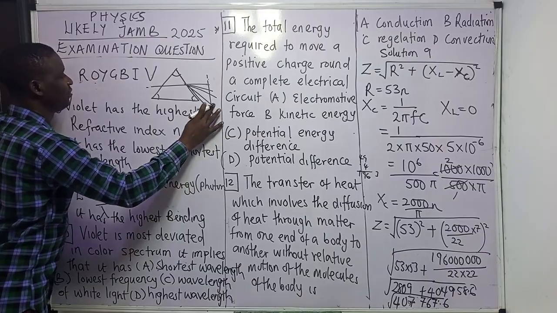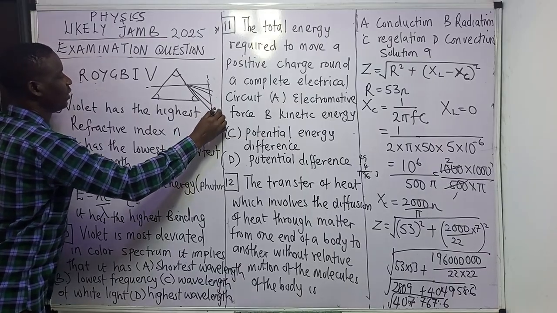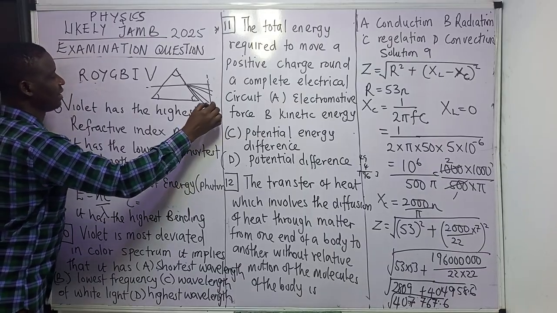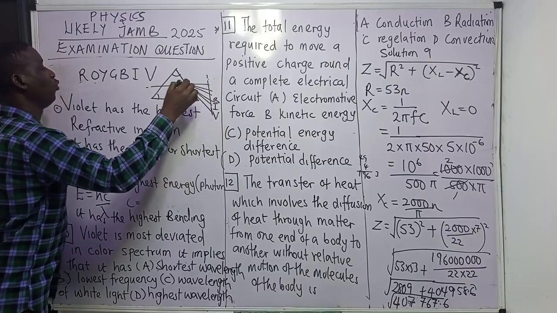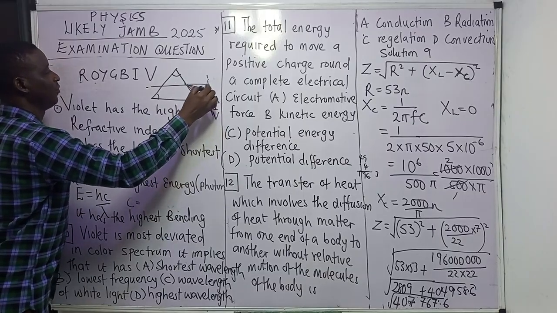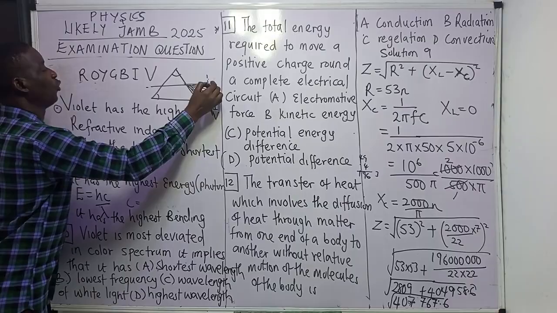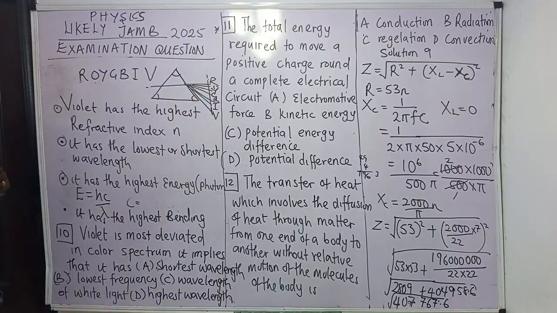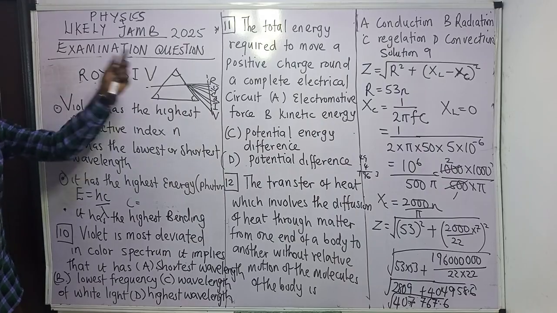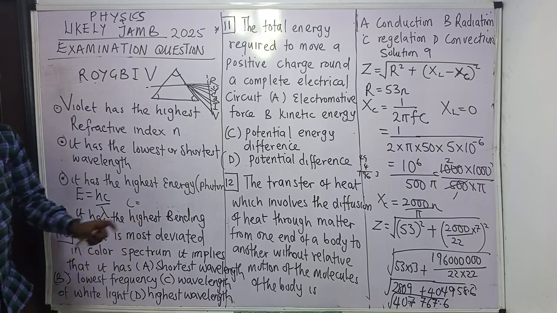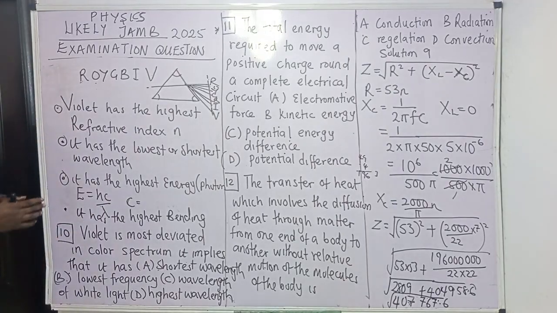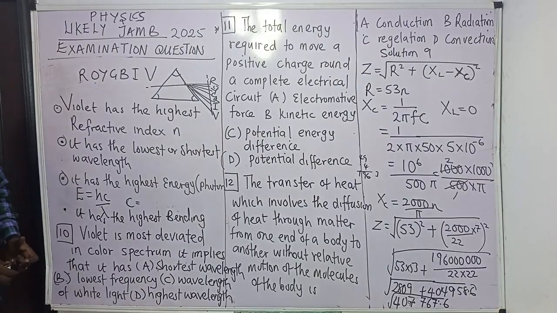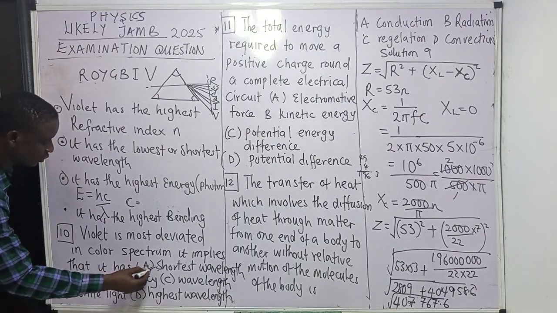The one that is most deviated is what we call violet, followed by indigo, followed by blue, followed by green, followed by yellow, followed by orange and red. So that is how they will work. The highest bending has the highest deviation. In an exam, if the question is which of these following colors has the highest bending, the answer to that question is A.